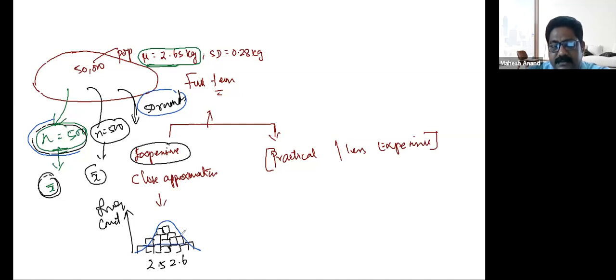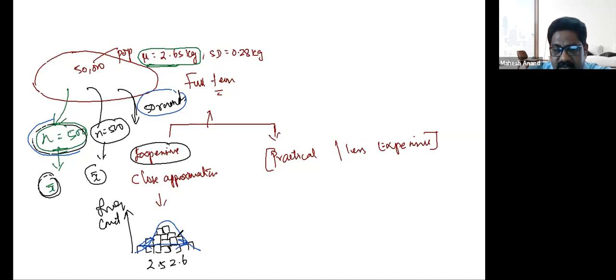What does the sampling distribution communicate? You are trying to estimate the population mean, but that estimation is found not as a point estimate; you get a range of values.